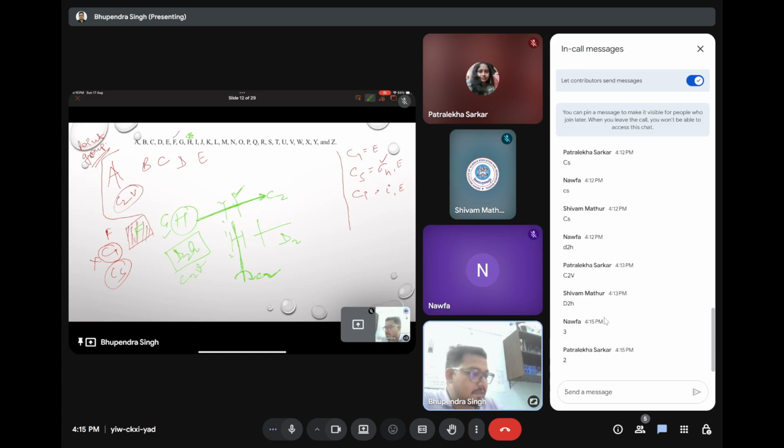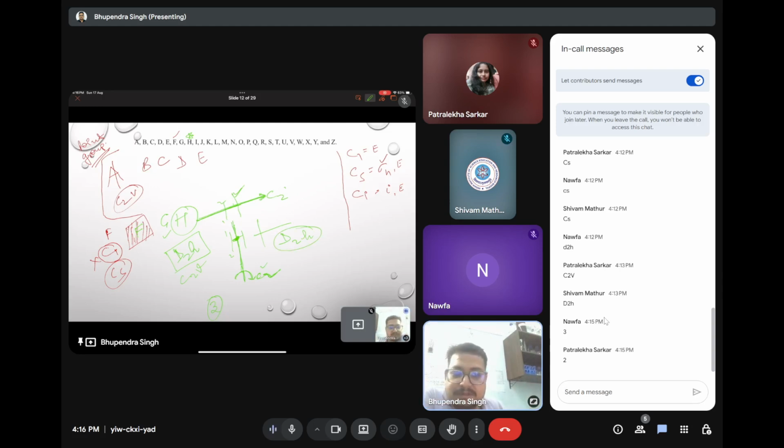Yes, 3. So 3 C2s are present. One is this, and the third one is above the plane. This is now your principal axis, and this is the plane in which you are writing the H. The full H is there. So you have sigma H, which means the point group should be D2H.